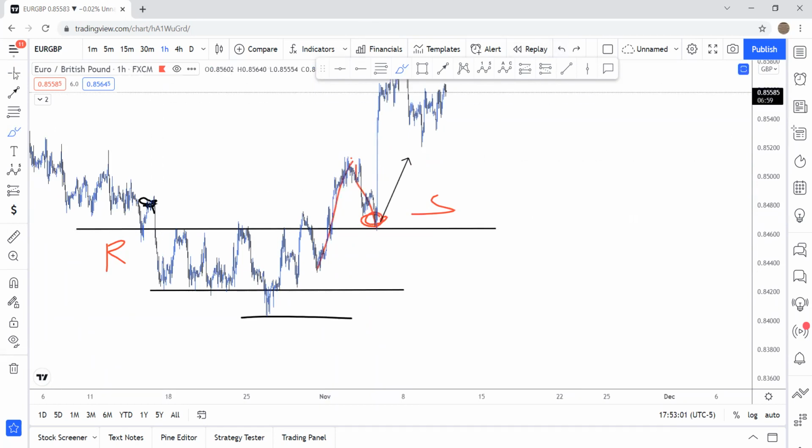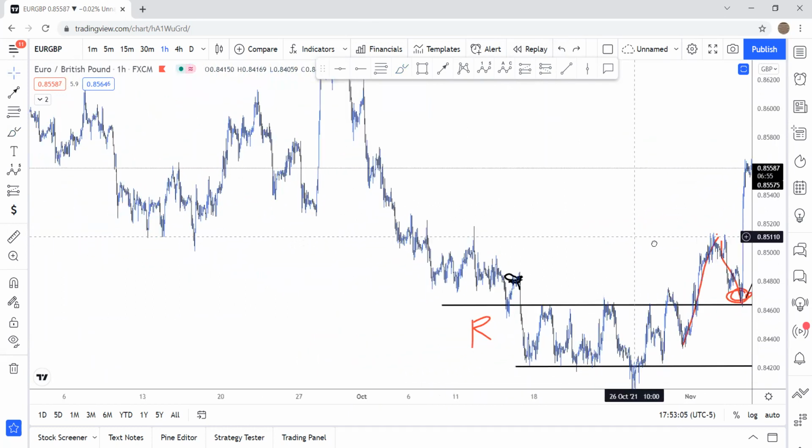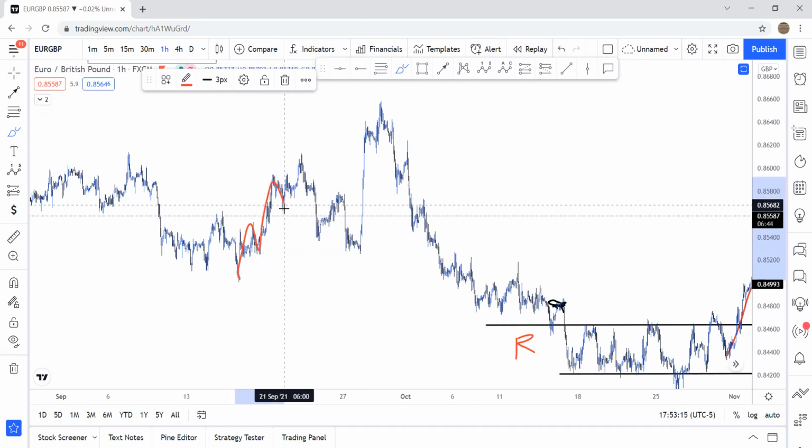So we can also look at other support and resistance in the market. Once again, let's look. If we look at this, we can see that price started from this point. It came up here, came down, came right here, came down, came right here, right? So now all these points, we can draw a line across.